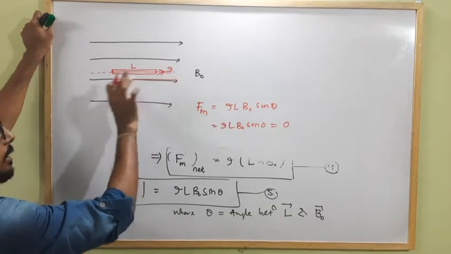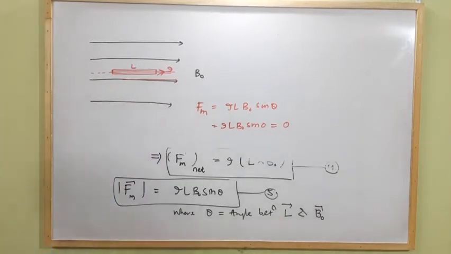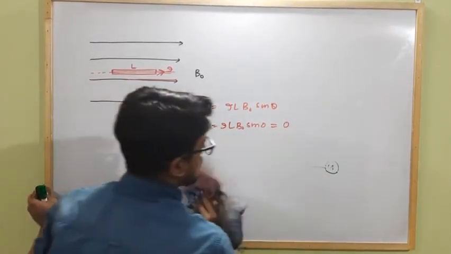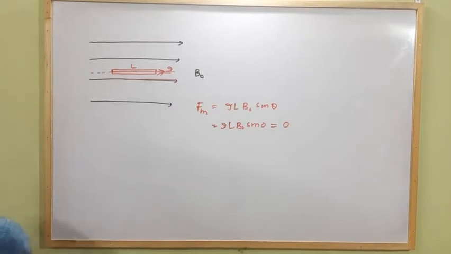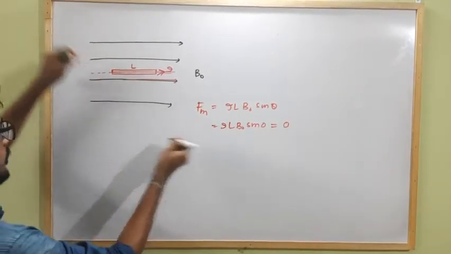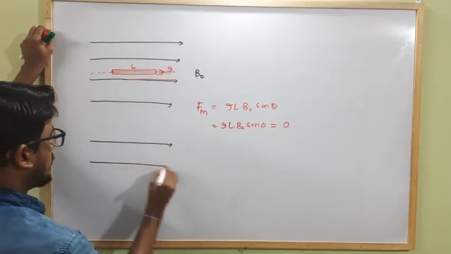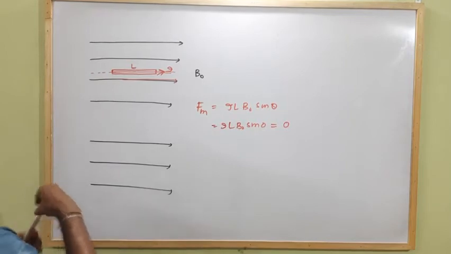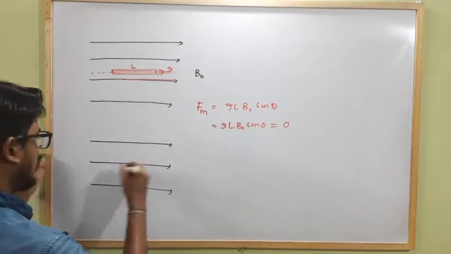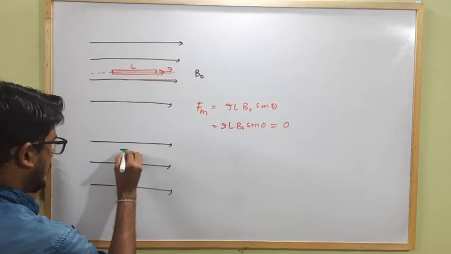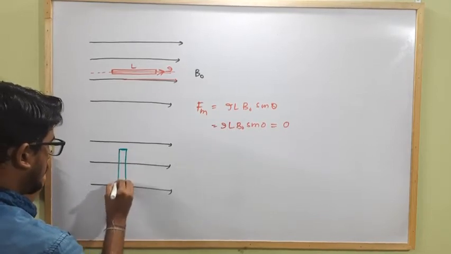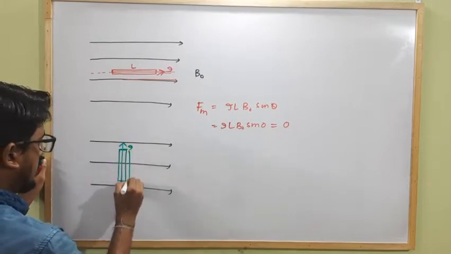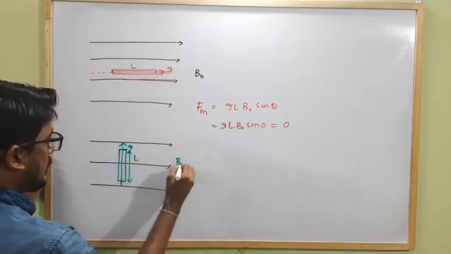Similarly, if the current carrying conductor is placed normally to the direction of the magnetic field, this is the direction of the magnetic field, and the conductor is placed like this, and the current is flowing along this direction. This is the length, the length is L, and the magnetic field is B naught.